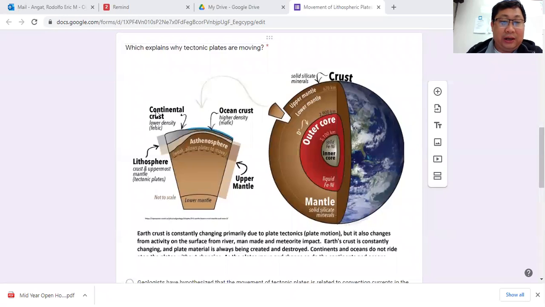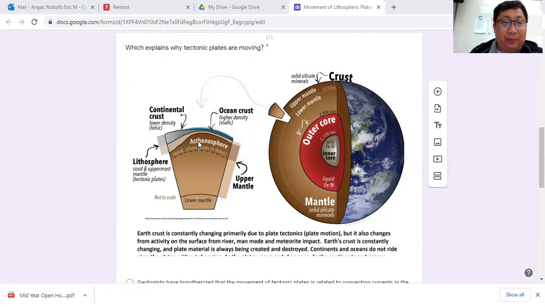We have the continental crust, like the continents, like the United States in North America, like Asia, like Africa. Those are continents, and they are made up of the continental crust. The second type of Earth's crust is called the oceanic crust. The oceanic crust is Earth's surface at the bottom of the ocean.